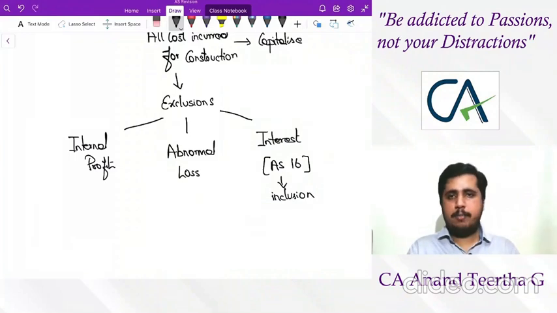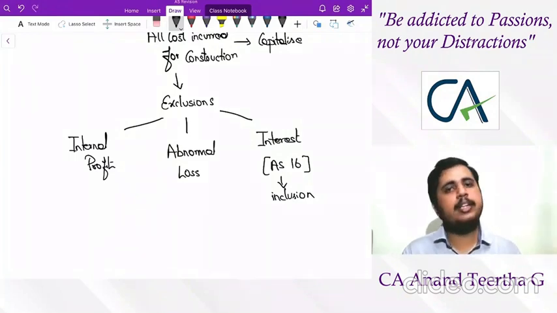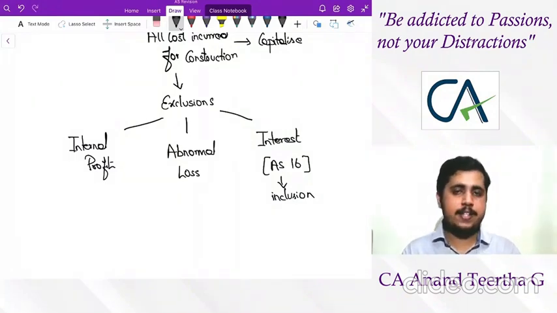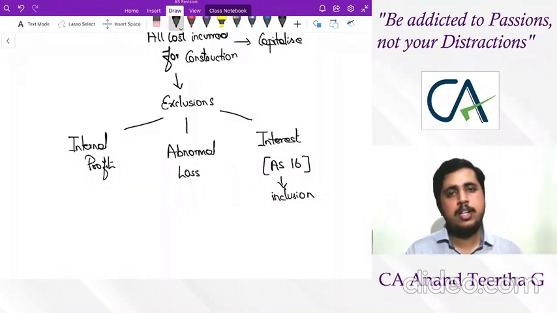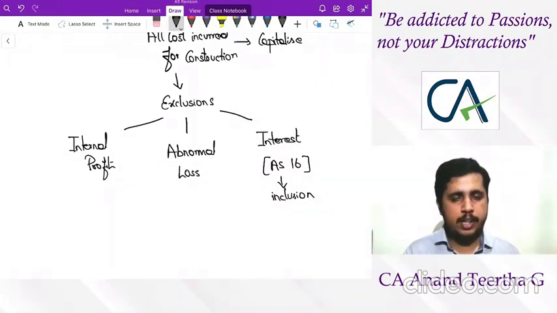So if it is covered by AS 16, then no problem. It could be considered for inclusion. But if AS 16 excludes it, then even capitalizing the interest is not allowed. So this is how you need to consider self-construction. All the cost incurred will be added. Yes, but internal profit you eliminate, abnormal losses you eliminate, and even interest cost for that matter has to be eliminated.